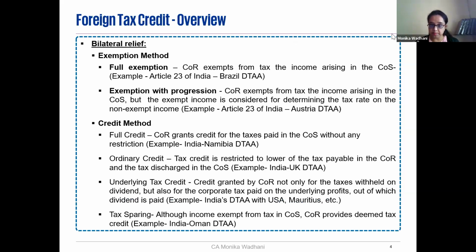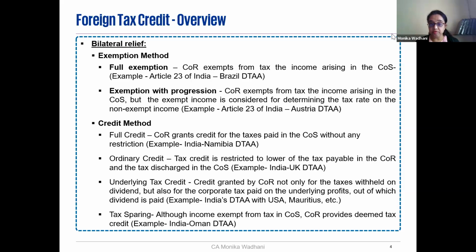An example is the India-Brazil treaty. Another method is exemption with progression, where the country of residence will exempt the income arising in the country of source, but that exempt income will be considered for rate purposes for other non-exempt income. Example, the India-Austria double taxation avoidance agreement.